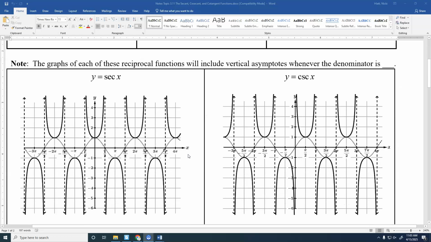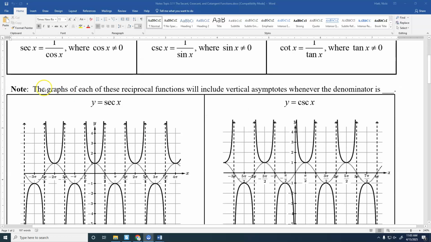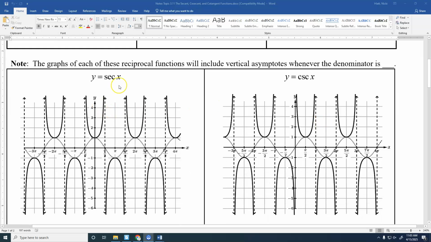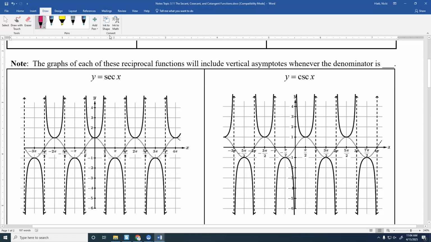So let's look quickly at the graphs. Secant and cosecant have graphs that look really similar, much like sine and cosine have graphs that look really similar to each other. Because secant is 1 over cosine of x, in here, Mr. Passwater has graphed the cosine function, right?